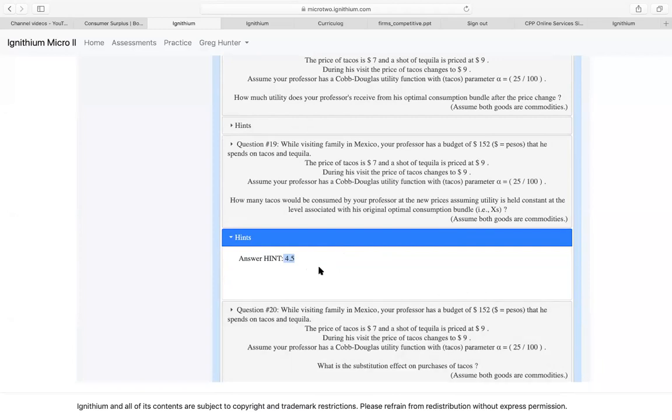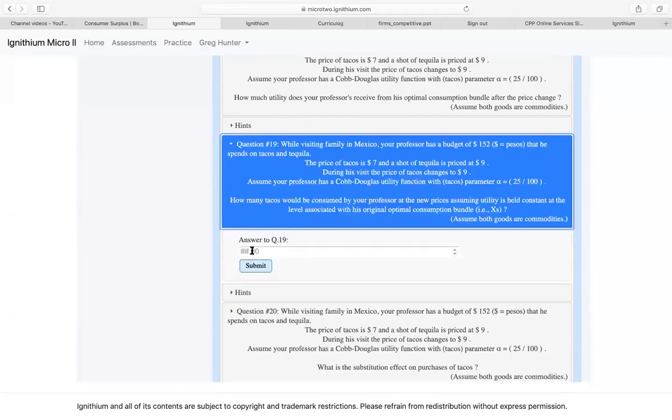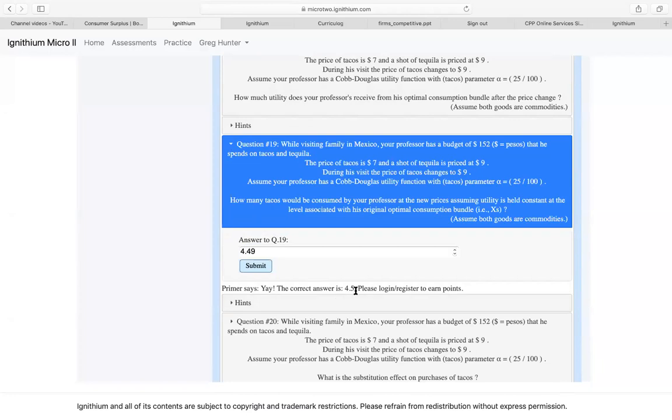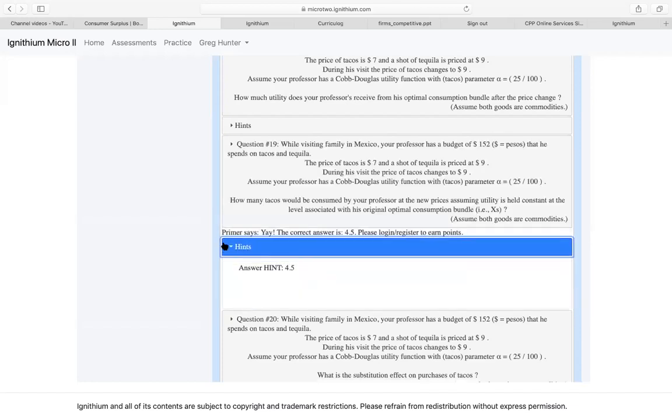Oh, 4.49. Right. And then if we want to know if that's close enough, oh, sorry, I got 4.4965. I've made a small error. But 4.49 is close enough at 4.5. Yay. We solved number 19.